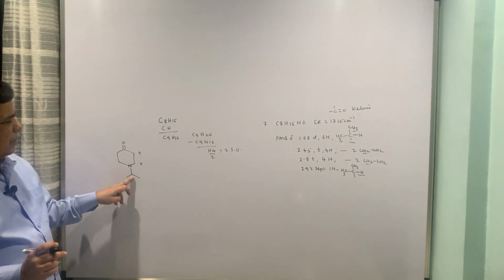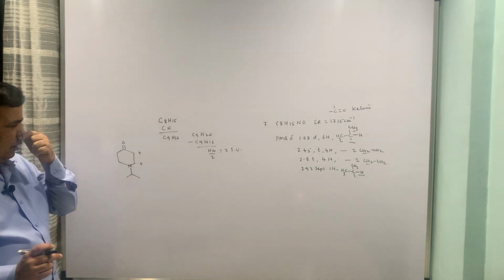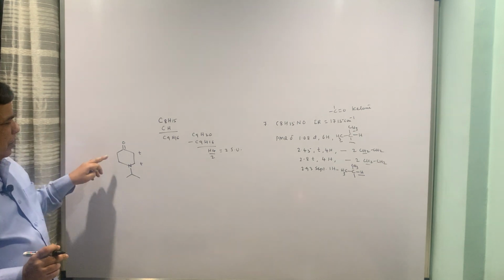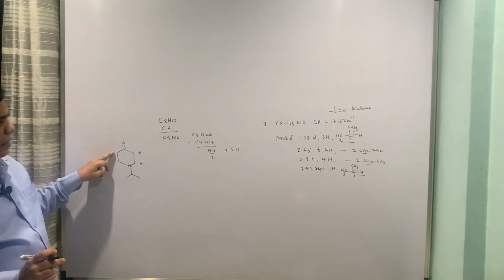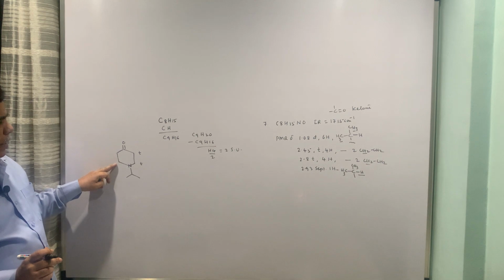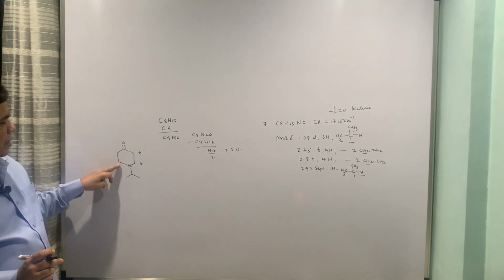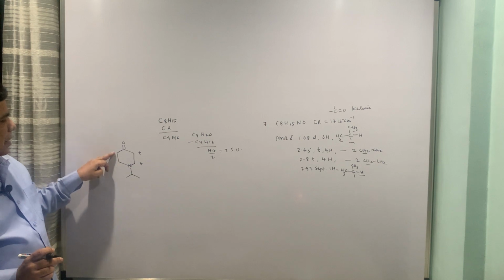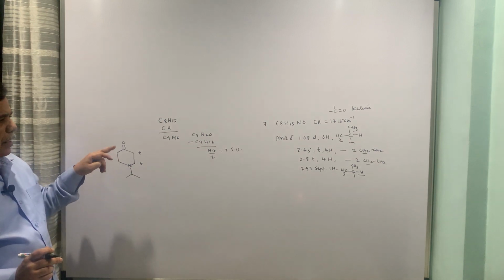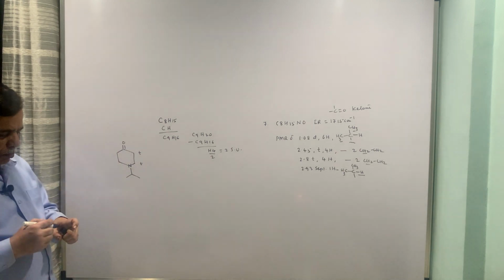CH is deshielded because it is attached to a carbon which is directly attached to nitrogen, so that inductive effect is felt. 2.4 is this and 2.8 is this one, because CH2 directly attached to N is 2.8 and this CH2 directly attached to carbonyl is 2.45. So that is the structure of the molecule.